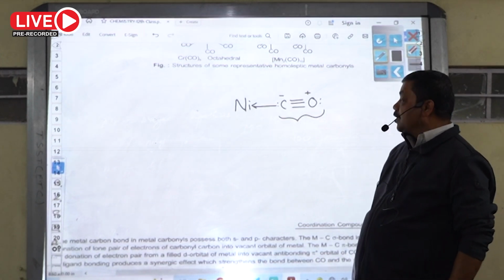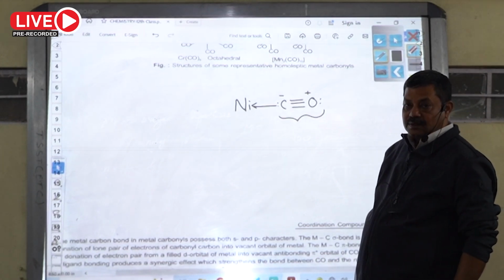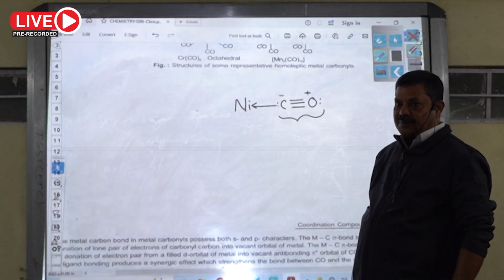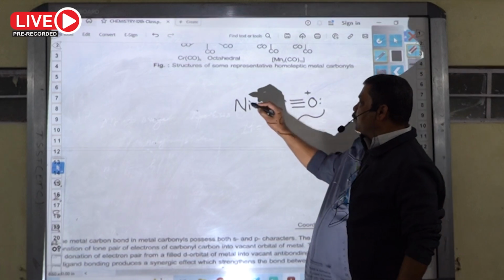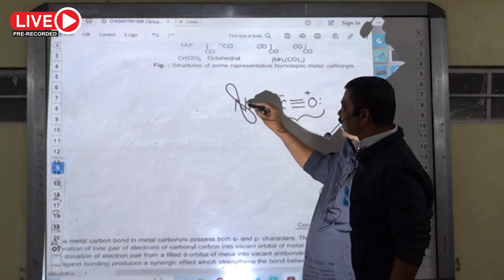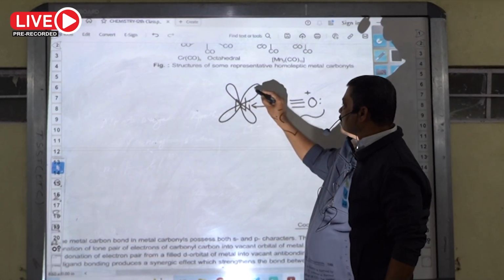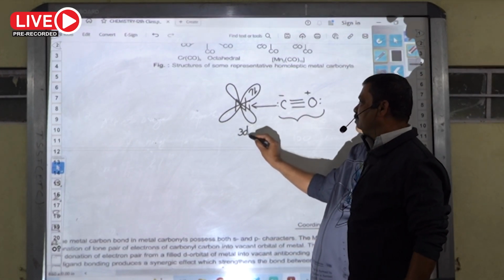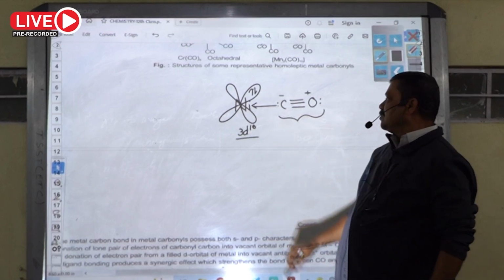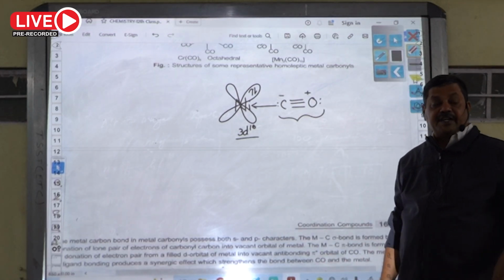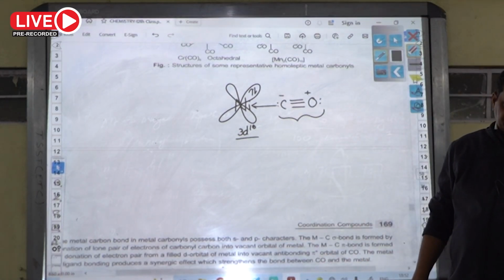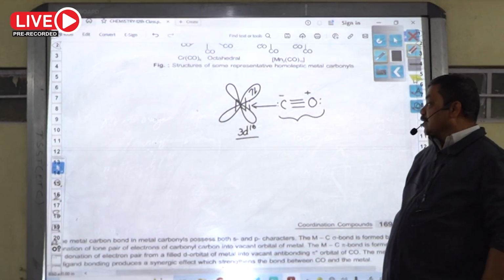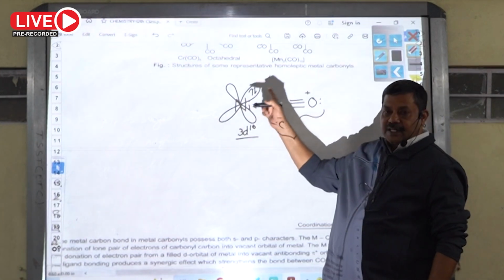So after donating an electron pair by the carbon of the carbon monoxide, the full-filled d orbitals of the nickel metal, we have a 3d10 configuration. 5 d orbitals are fully filled in nickel in zero state.